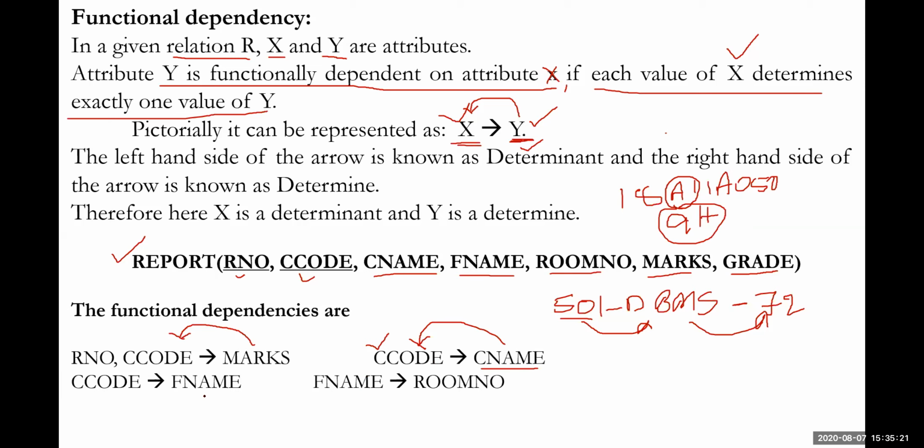And faculty also depends upon course code. So I am taking DBMS, and DBMS has a course code. Based on that, my name will always be chosen for that particular course. If that course code is there, then I will take that course. If the course code is not there, I cannot take the course. Room number depends upon faculty name.